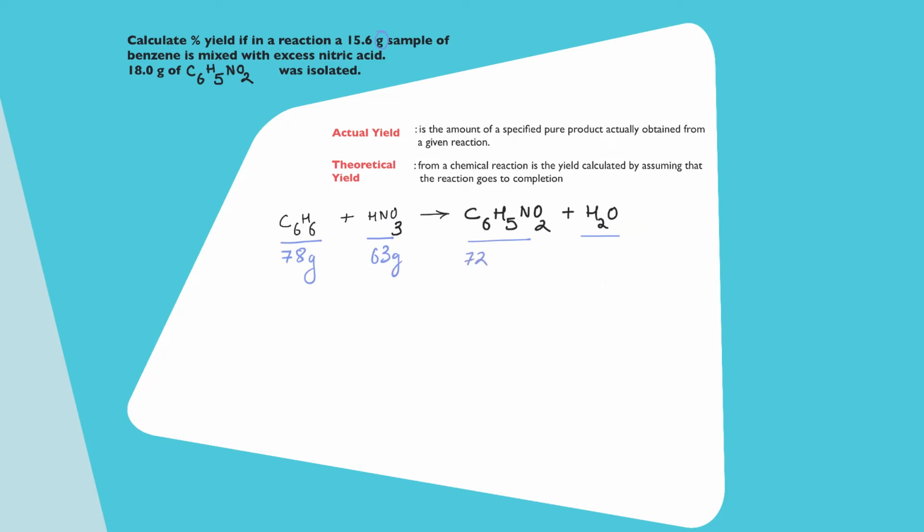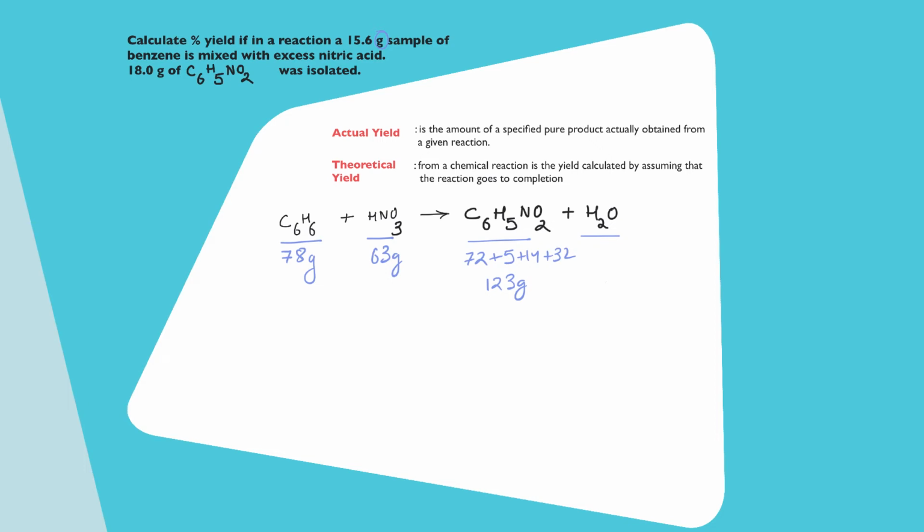So 72, that's carbon, 5, that's hydrogen, 14, that is nitrogen, and 32, that is oxygen. So if you do the total, you get around 123. Now you don't need to calculate for the others. Basically all you needed was benzene and C6H5NO2. So I'm going to work with that ahead now.